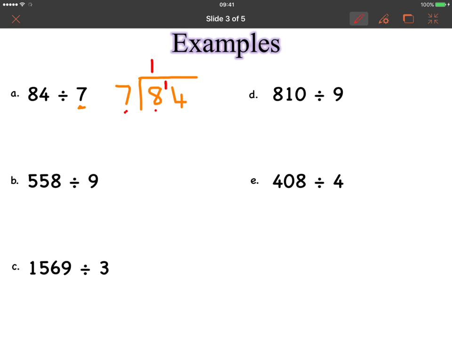Now, 7 goes into 14 this time, so I'm going to look at this entire number there. 7 goes into 14 twice. And that's it. That's my final answer. So 84 divided by 7 is 12.